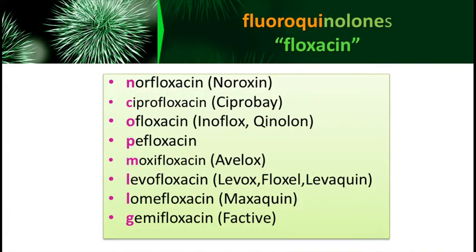So, what are the examples of your fluoroquinolones? Actually, they have floxacin in their names. We have, for example, norfloxacin, and they come in varieties of generic and brand names. We have a brand name of Noroxin, and we have also your Cipro. Cipro is one of the common examples of your fluoroquinolone, your ciprofloxacin, with a brand name of Ciprobay.